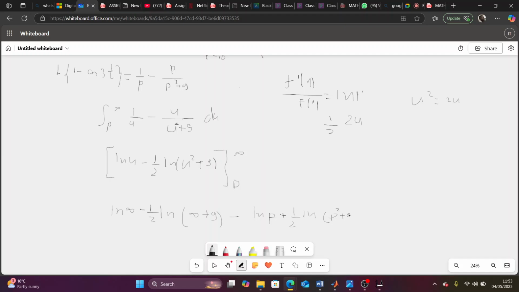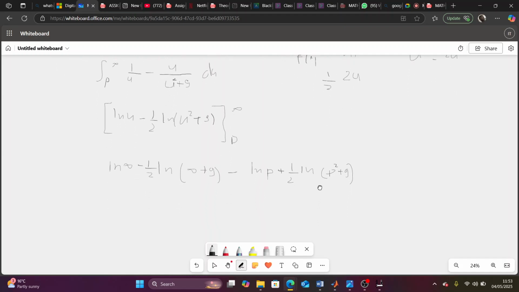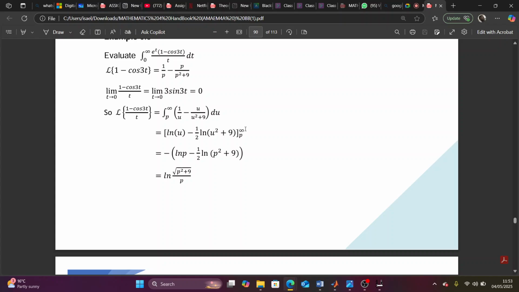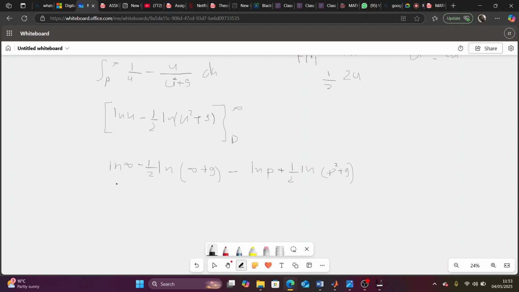So what do we do from here? We need to find out what ln of this and this is. Let me see how they went about it. It seems like the whole part with infinity here is giving 0. Why? You'll have ln infinity, right?